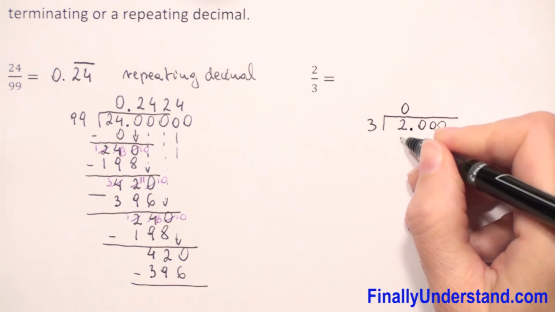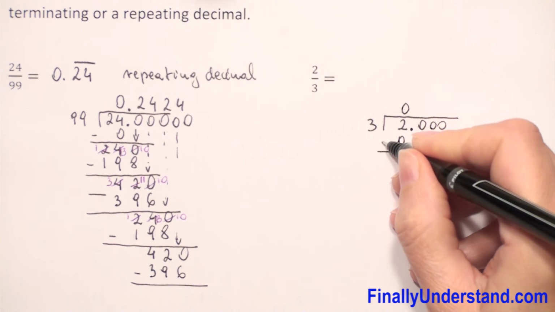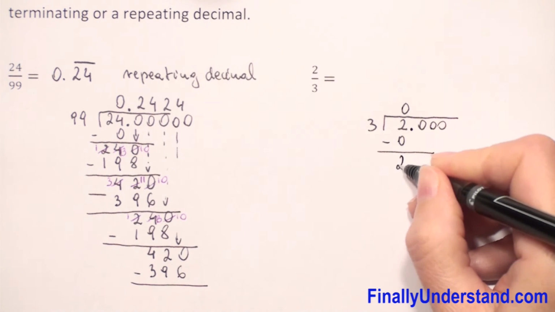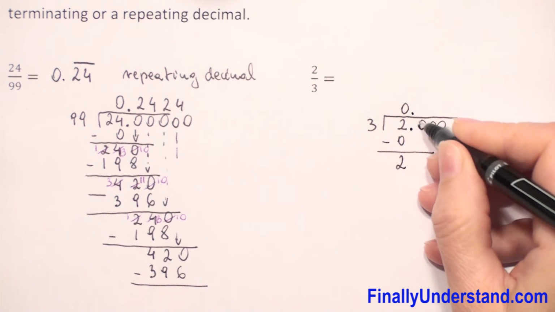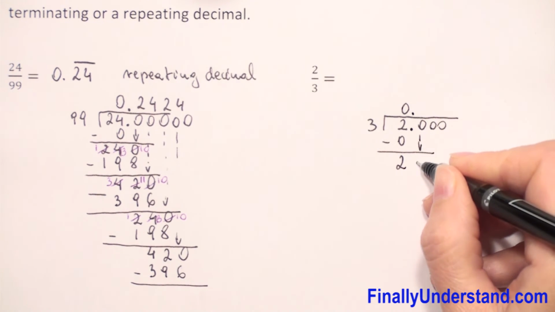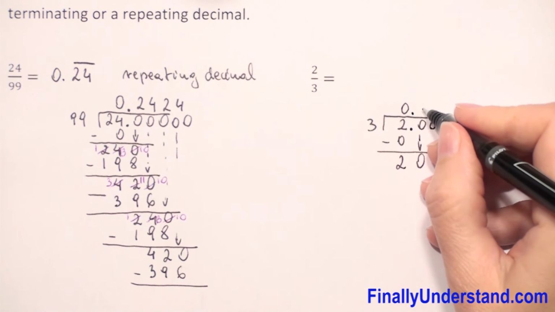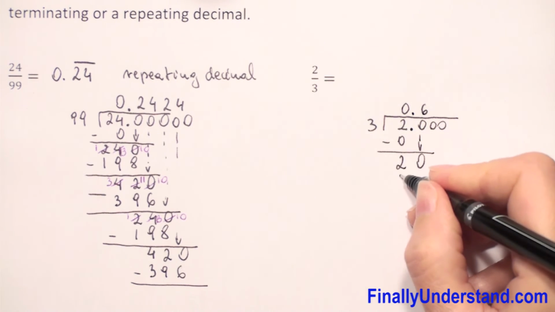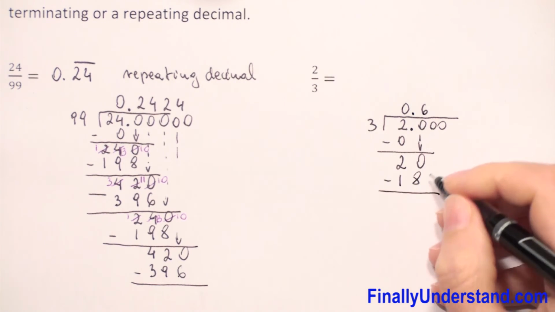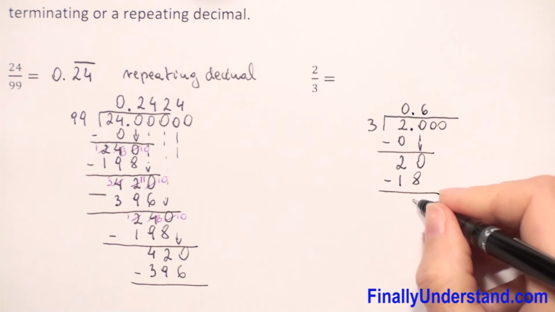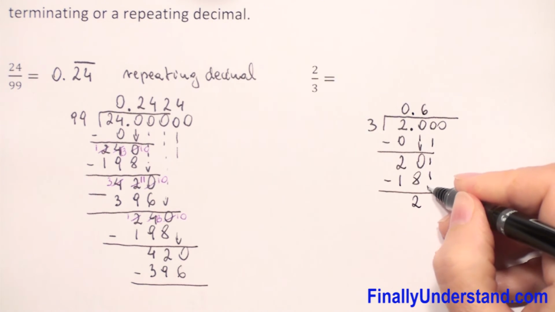0. 0 times 3 is 0, subtraction. 2 minus 0 is 2. We put the decimal point and take down 0. So we have 20 divided by 3 is 6. 6 times 3 is 18, subtraction. 20 minus 18 is 2. We take down the next 0.